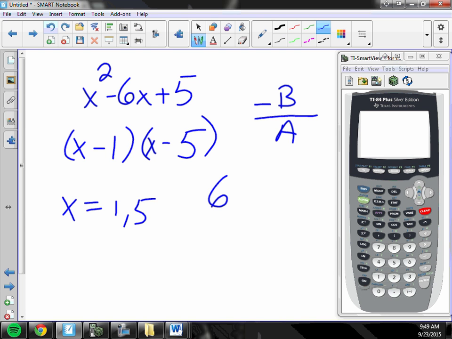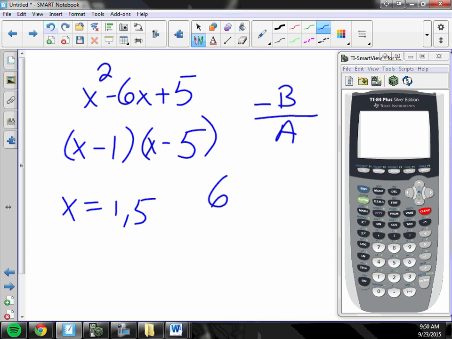If I take my b term and change its sign and I divide it by my a term, do I get 6? And that's actually going to work for all quadratic equations. Now, what does that tell us? Nothing that I know of. But you could check your answers. I guess that's a way to check your answers.